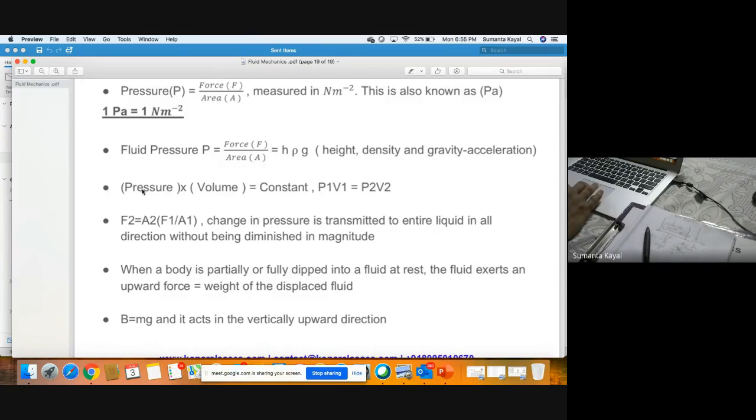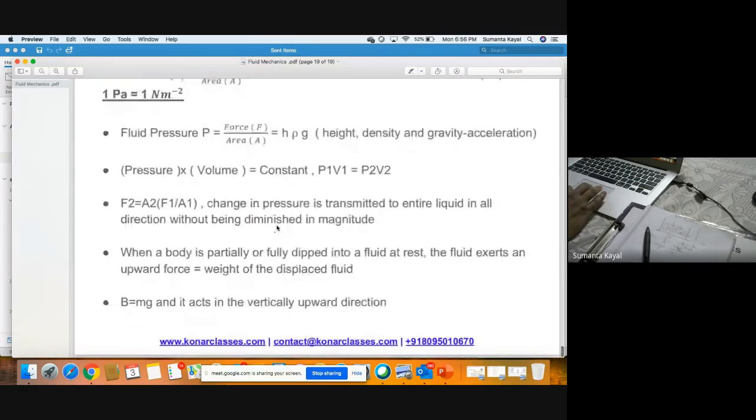Okay, and we have seen in the next explanation, Boyle's law, that pressure times volume is constant. P1 V1 equals P2 V2. Just remember P1 V1 equals P2 V2, and a lot of problems you can solve using that. Now coming to Pascal law, what we have seen is that F2 equals F1 by A1 into A2.